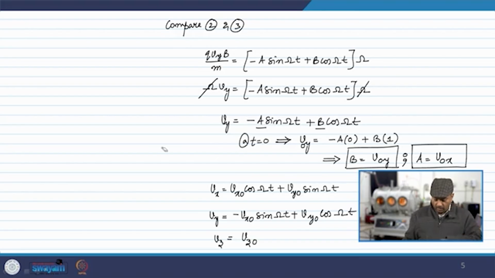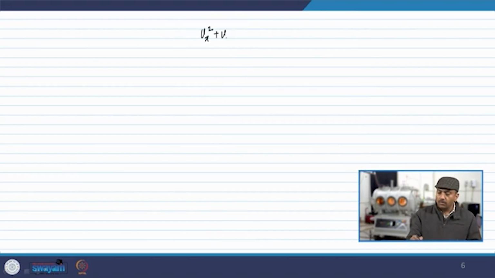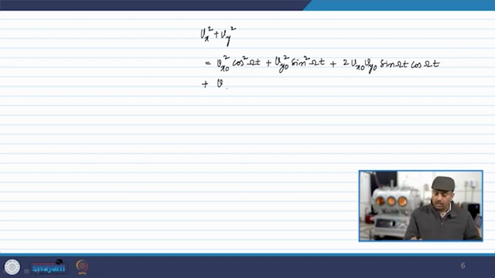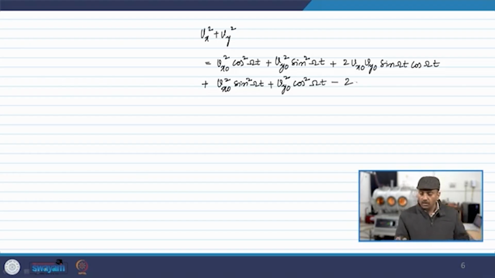Let us take Vx square plus Vy square. Using the earlier relation, we can simply write it as Vx0 square cos square omega t plus Vy0 square sin square omega t plus 2 Vx0 Vy0 sin omega t cos omega t, plus Vx0 square sin square omega t plus Vy0 square cos square omega t minus 2 Vx0 Vy0 sin omega t cos omega t.